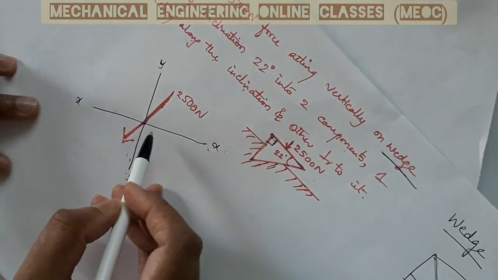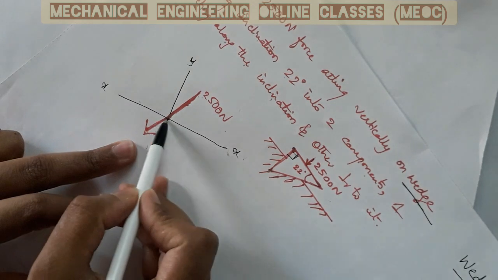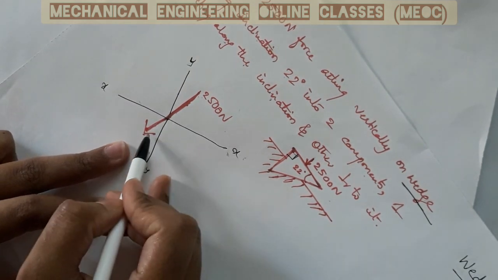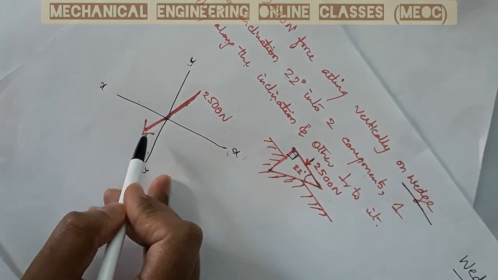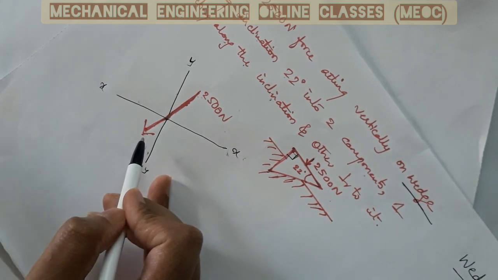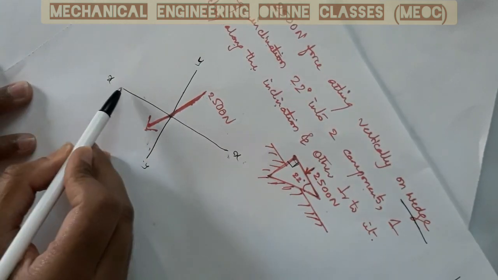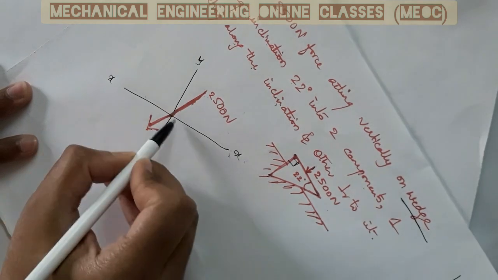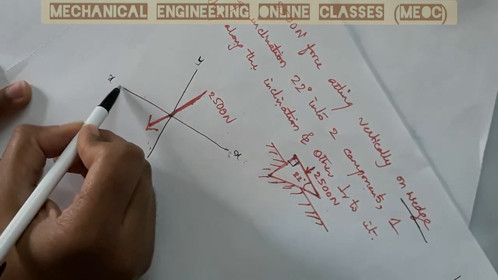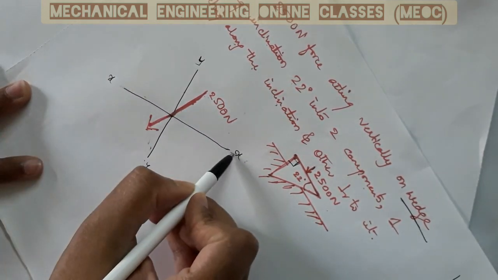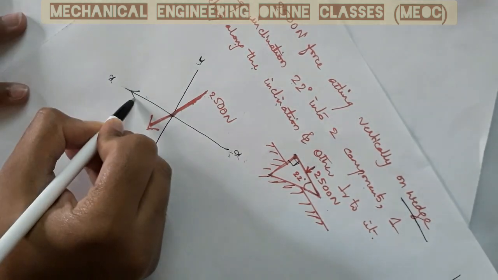In simple terms, this is in the direction which is left and down. As we know, left and right are taken care of by this axis, so the x component, or the component along this particular axis, will be leftward.